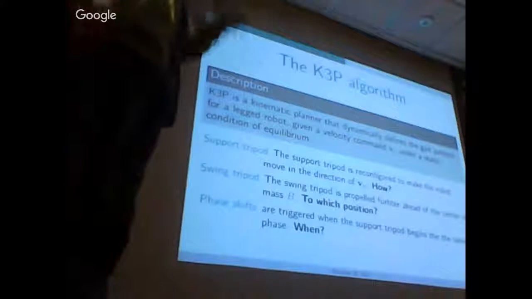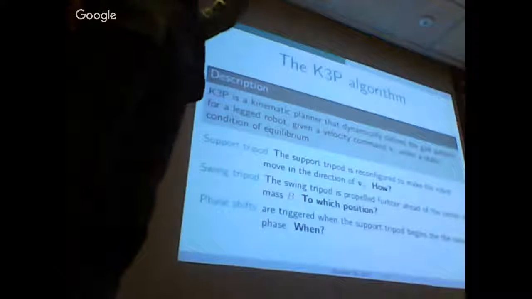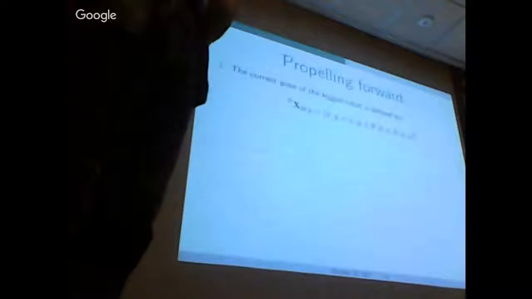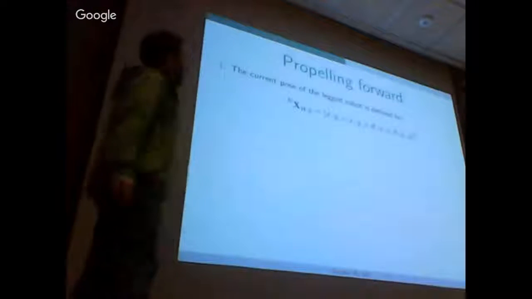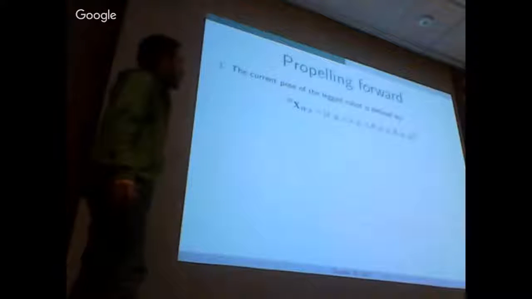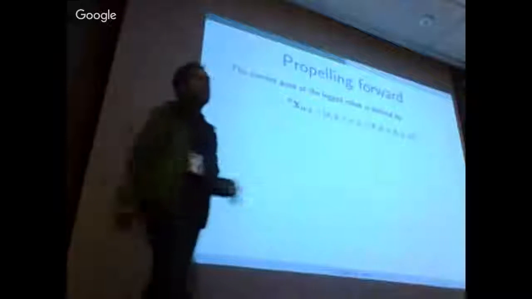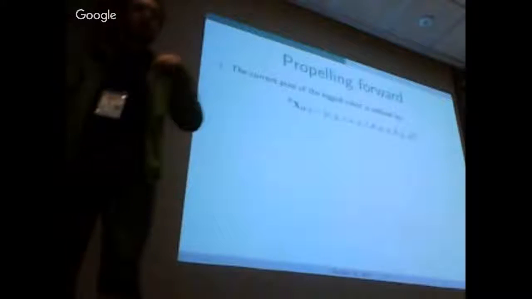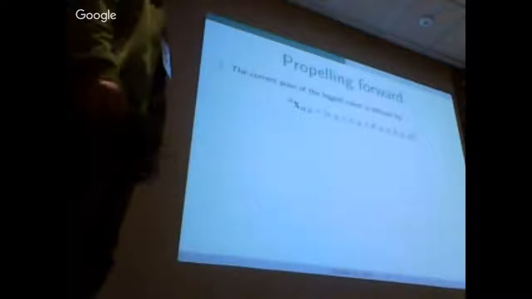The first, how to make the tripod move, how to make the center of mass move in the desired direction, was defined in a vector. As you can see, we included the phase, the position and pose of the vehicle and their corresponding changes, the rates of change, the derivatives.